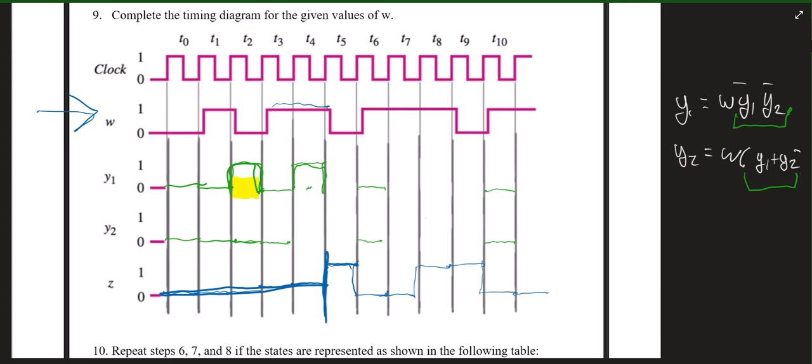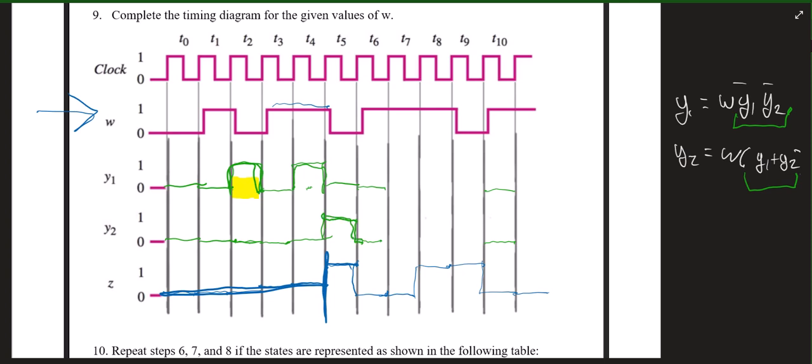No. Okay, now right here, in the previous clock cycle, were both Y1 and Y2 0? No, because Y1 was 1 and Y2 was 0. So that's going to be a 0. And then for Y2, was either Y1 or Y2 1? Yes.